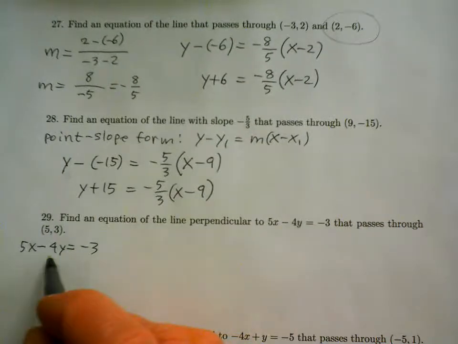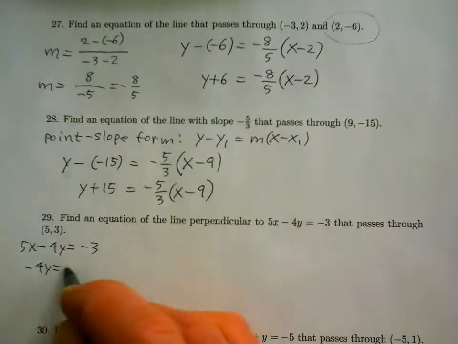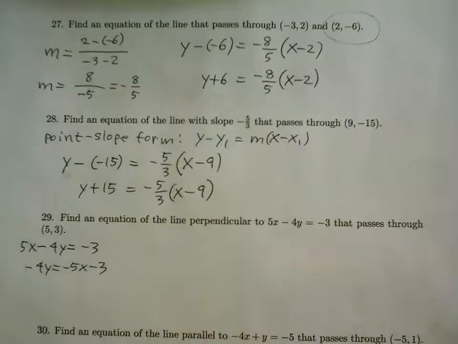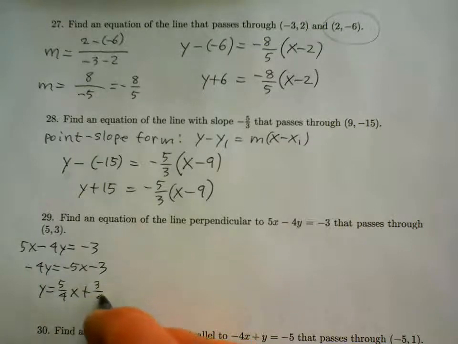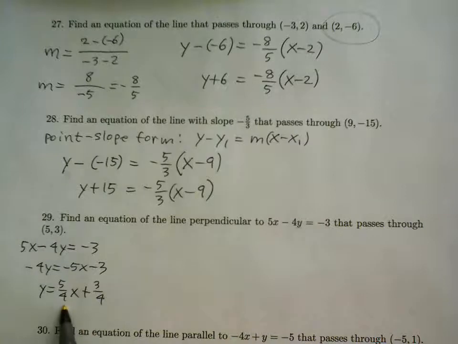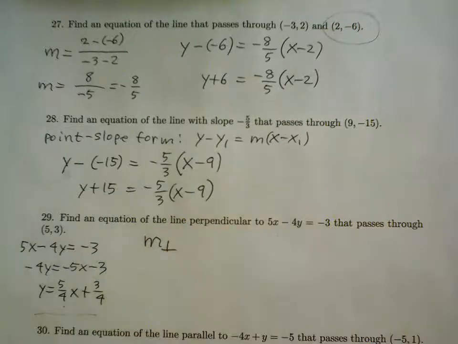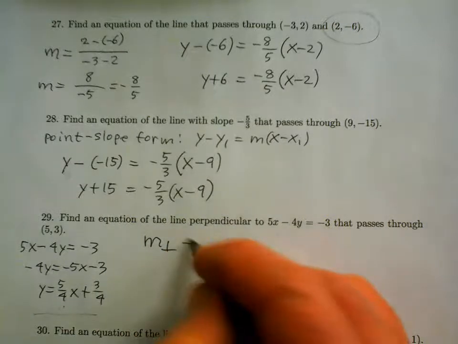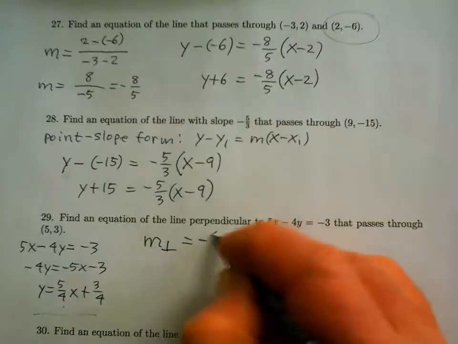So we can just write the slope-intercept form, -4y equals -5x minus 3. Divide every term on both sides by -4. We get y equals positive 5/4 x plus 3/4. Okay, the slope of the given line is 5/4. And so the slope of the line that's perpendicular to that is the negative reciprocal of 5/4, which is -4/5.